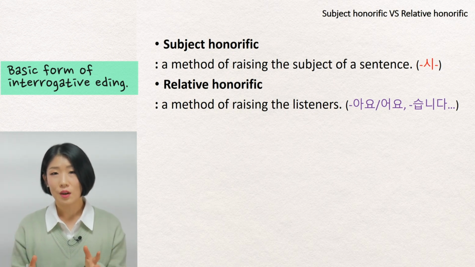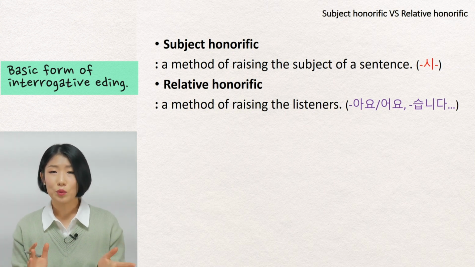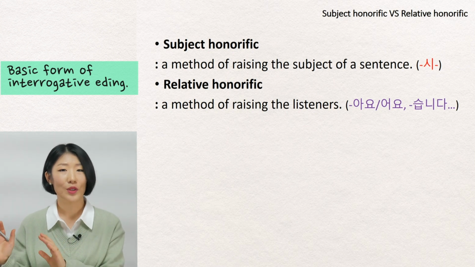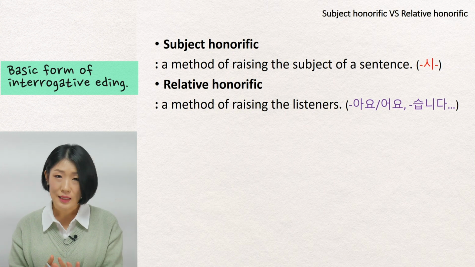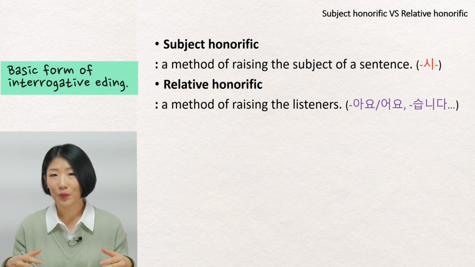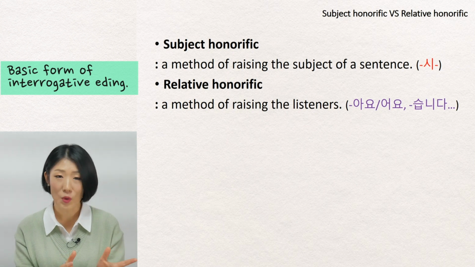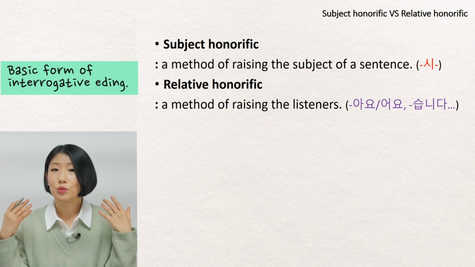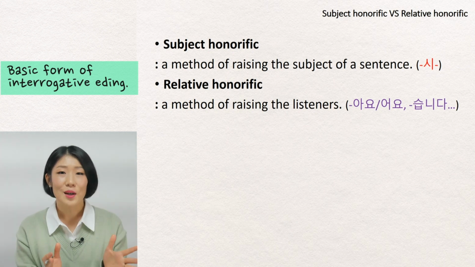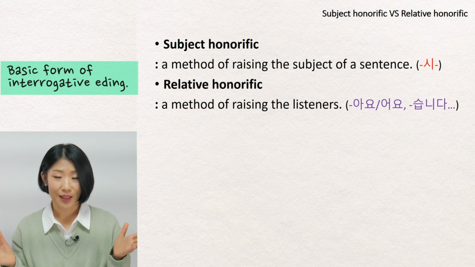When we care about the listener, then we choose the ending like 아요, 어요 ending or 습니다 ending or just 어 ending. This is relative honorifics. But sometimes when I talk about someone that I have to respect, then I also need to use this subject honorific to raise that person.